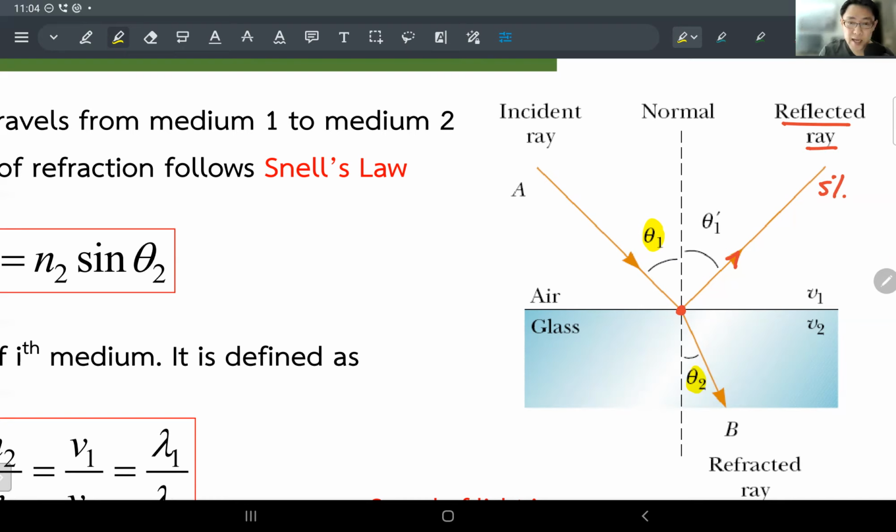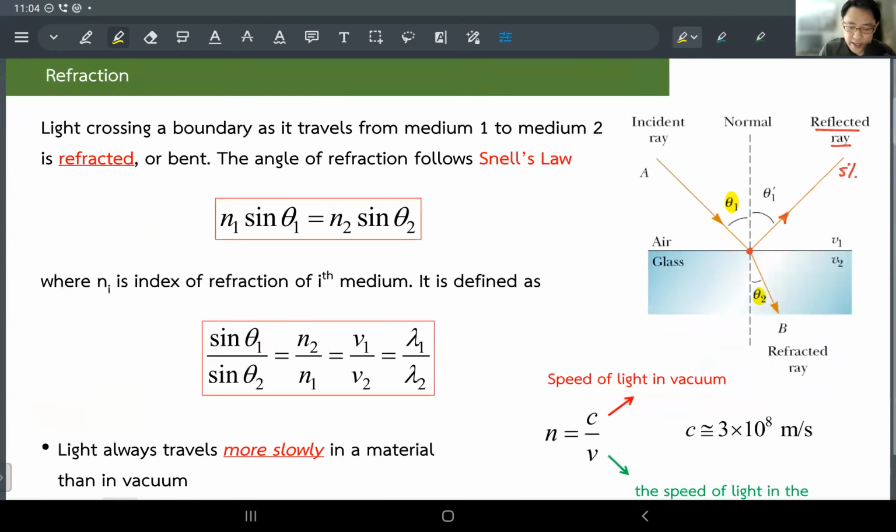So the key is how can we determine these angles, and what kind of law governs this bending, or refraction, of light? The answer is Snell's law. And this law is very simple, guys.